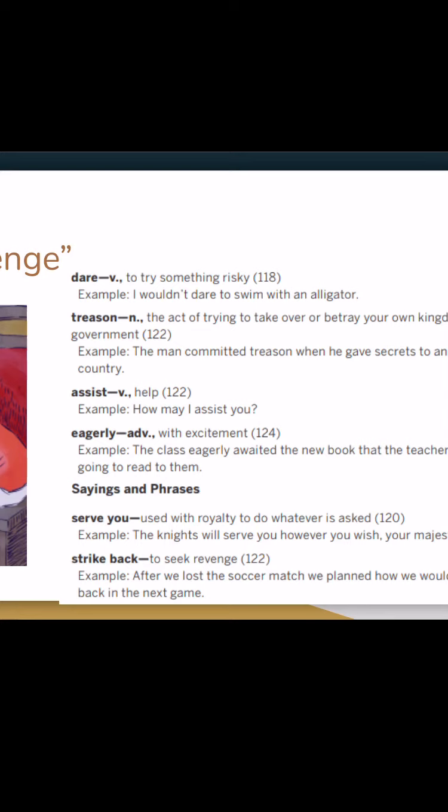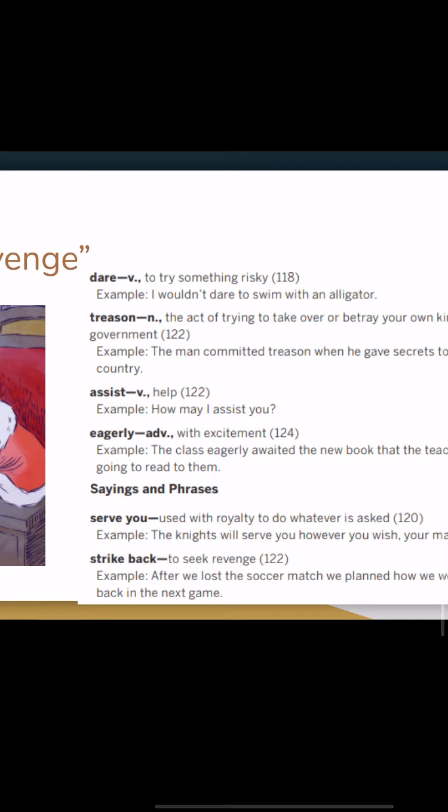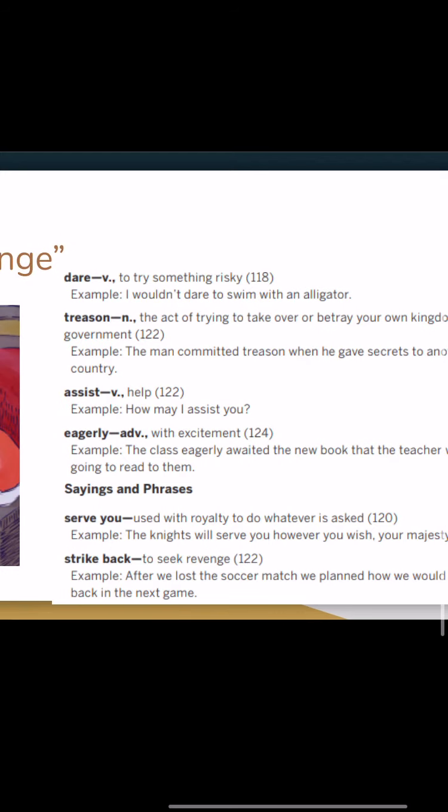That is used with royalty to do whatever is asked. For example, the knights will serve you however you wish, your majesty. Next is strike back. That means to seek revenge. For example, after we lost the soccer match, we planned how we would strike back in the next game.